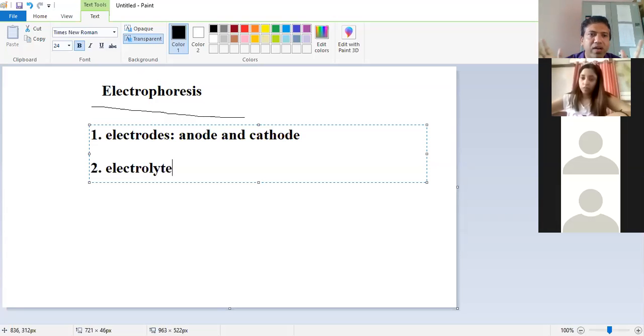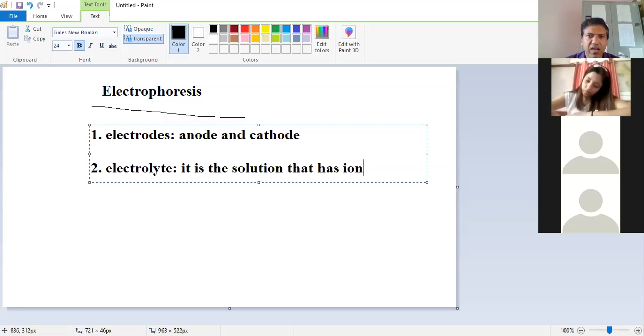That kind of tap water will also act as electrolyte. But pure, distilled water will never act as an electrolyte. So electrolyte is a solution that has ions. Then these things are required to run an electrophoresis.